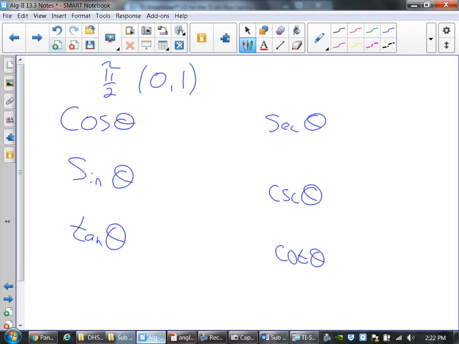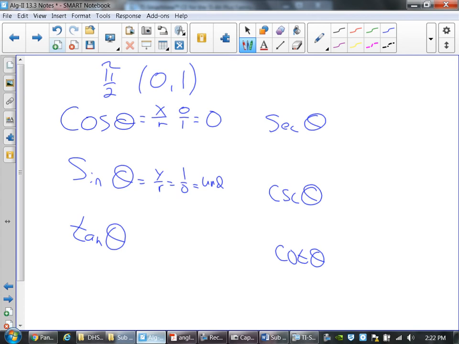Adjacent over hypotenuse. So it's x over r. So this is 0 over 1, which is 0.